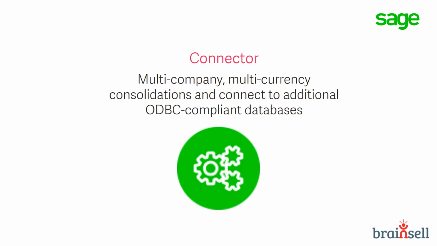However, with that connector, you can also access additional databases. That's where I mentioned earlier, where you can access additional Sage modules, all right? Project, for example, if you happen to have a Sage project module, you can access that one, and you can create reports from it. And you can also access those databases that are outside of Sage.